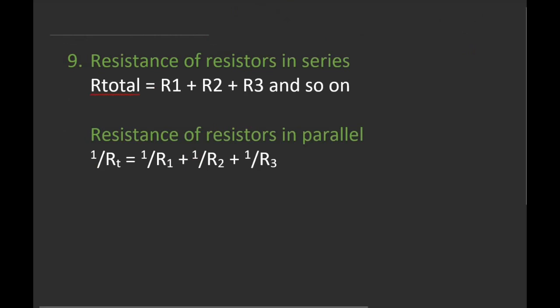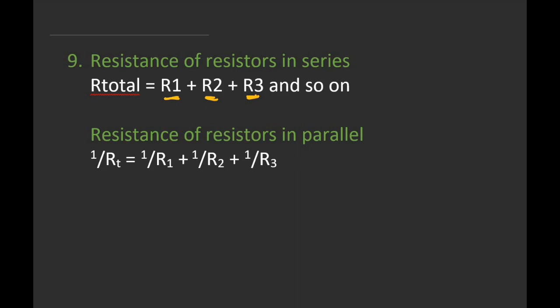The next formula is resistance of resistors in series. To calculate the total overall resistance of a number of resistors connected in this way, you simply add up the individual resistances. That is what you need to do to calculate for resistors in series.